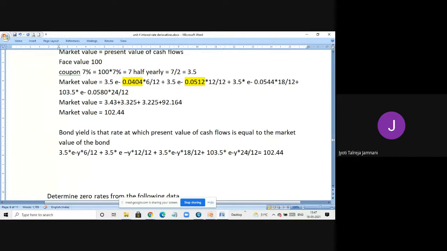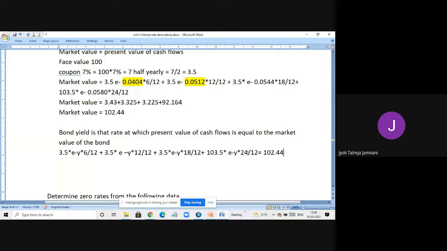You have to do it using the trial and error method. That means maybe you start trying with 4%, put 0.04 at y everywhere, and check whether it becomes 102.44 or not. Then you try 4.1%, 4.2%. Like this, it's a trial and error method, which will take lots of time. So we are not going to solve this.